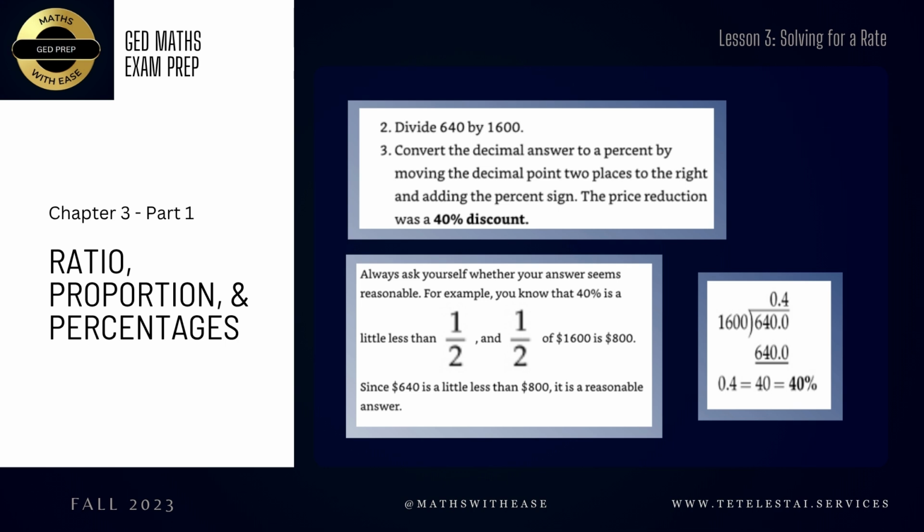Because remember, when you see a decimal that doesn't have a whole number before the decimal place, it represents a quantity less than 1. Remember, we talked about that, I think it was in chapter 2. So you can think of this as 40 cents, okay?